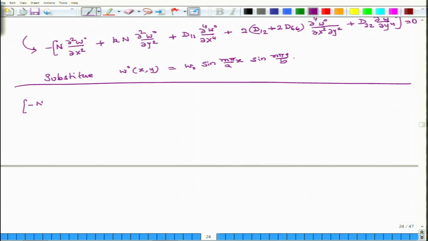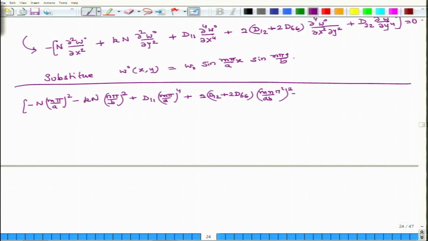So, I get minus N m pi over a whole square minus k N n pi over b whole square plus D11 m pi over a to the power of 4 plus 2 D12 plus 2 D66 m n over a b pi square, entire thing is squared, plus D22 n pi over b whole to the power of 4 into w naught sine m pi x over a sine n pi y over b is equal to 0.